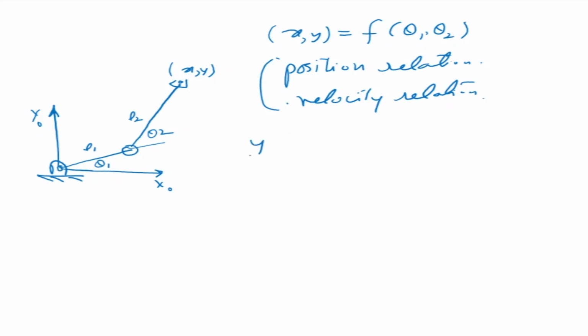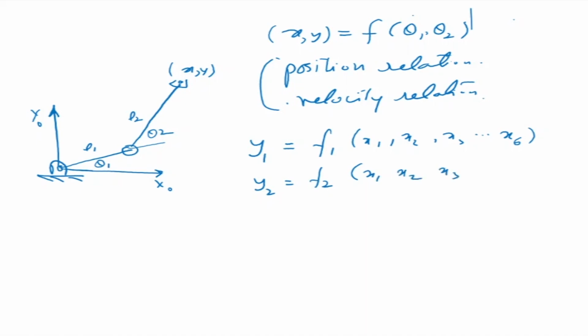So if I write y1 is a function of variables x1, x2, x3 up to, let's say, xn, or let me just say x6. The robot cannot have n. Suppose we have another one, y2 is equal to f2 of x1, x2, x3 up to x6.